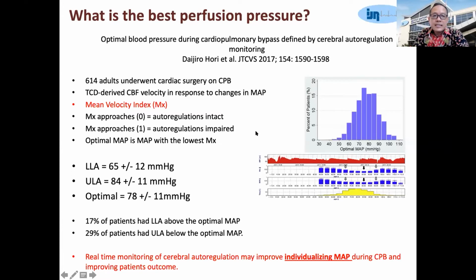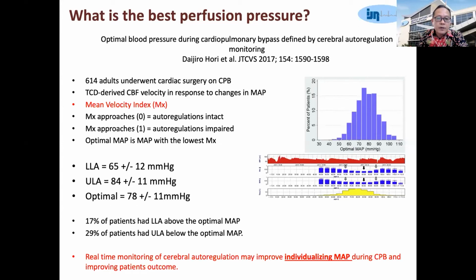So how to decide the best optimal pressure? This concept has again been looked at by Daijiro Hori in 2017. He used the same concept, using the transcranial Doppler to verify the cerebral blood flow velocity in response to the change in the mean arterial pressure, using the mean velocity index. In his series of 614 patients, he managed to define the lower limit and the upper limit of autoregulation.